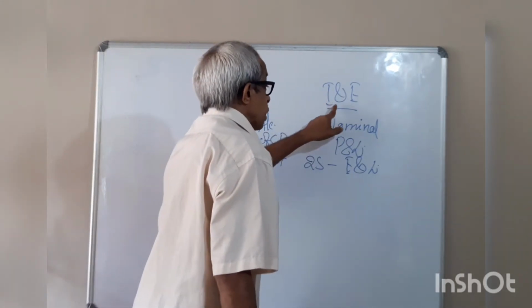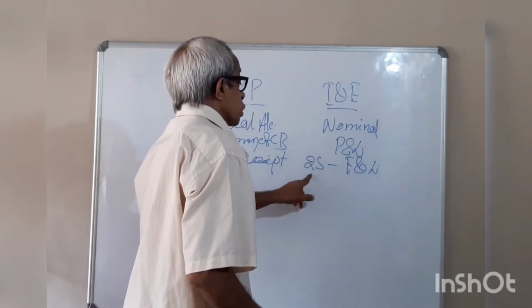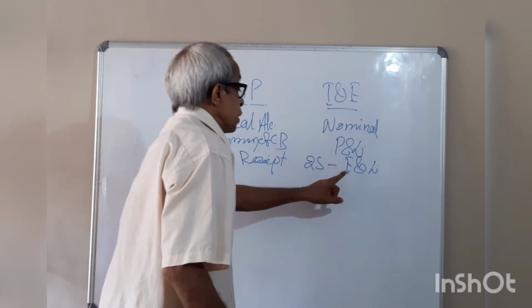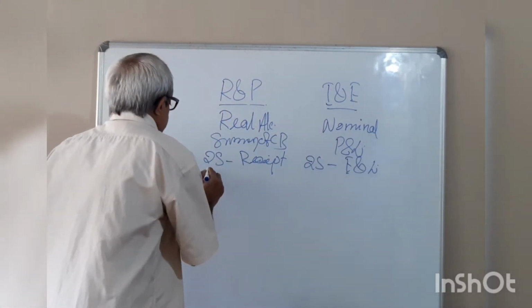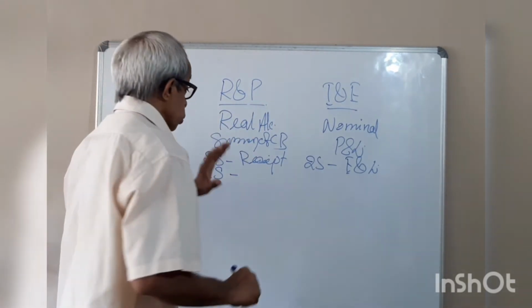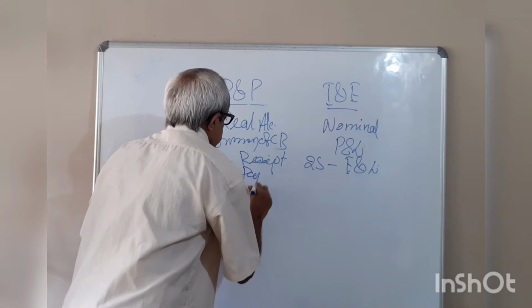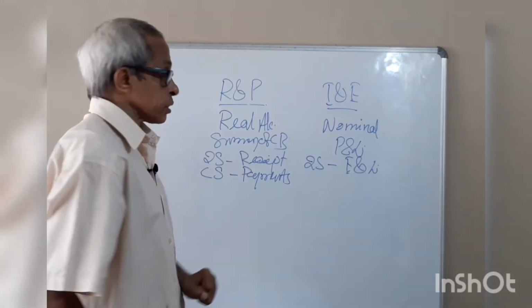As far as an income and expenditure account is concerned, debit side of income and expenditure account bears expenses and losses, and the credit side of receipts and payments account shows all payments made by the non-trading concern.